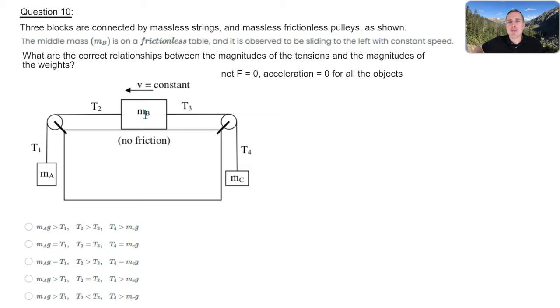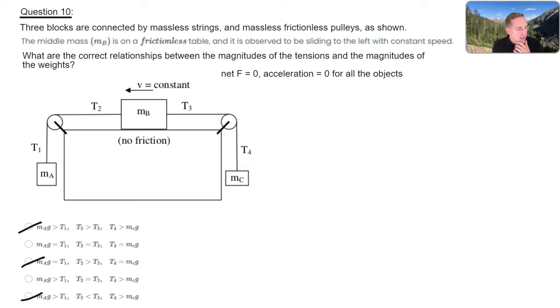By the way, let's not worry about the vertical direction on the mass in the middle on the table, mb, because the weight and the normal force would just cancel out one another, whether there was friction or not, whether it's accelerating or not. So, yeah, tension 2 and tension 3, though, horizontally, must be the same magnitude. It's the only way the velocity is constant. So we're already thinking about the following choices, either second or fourth choice.